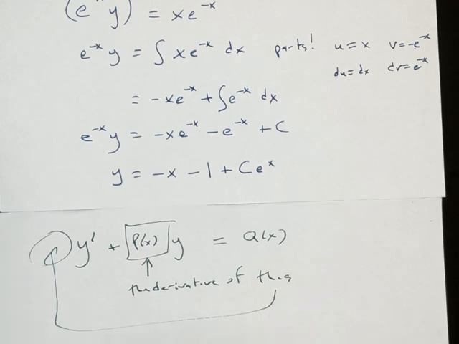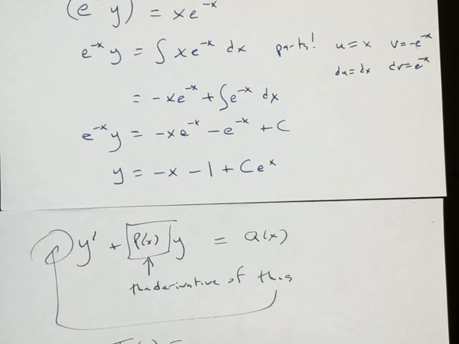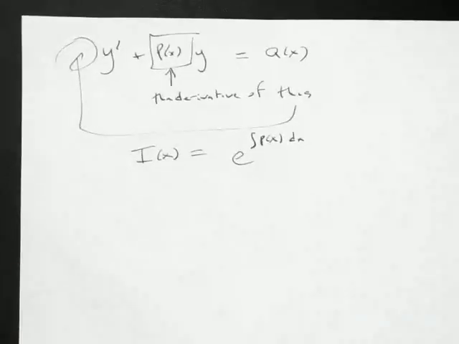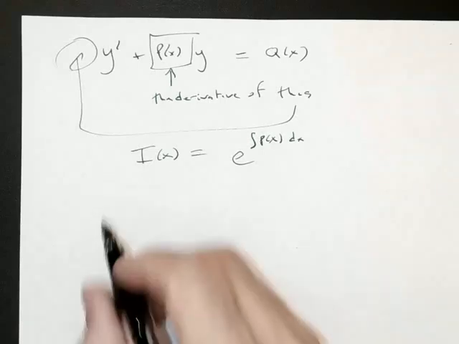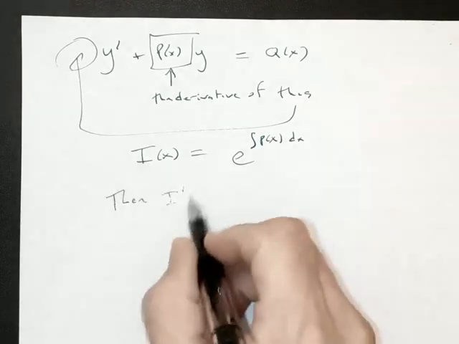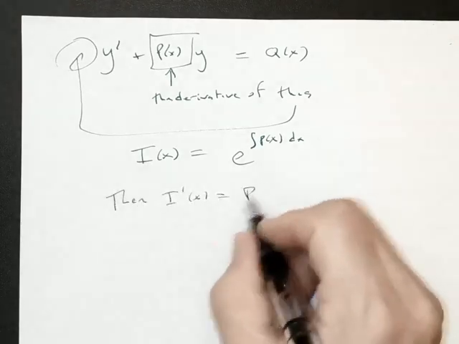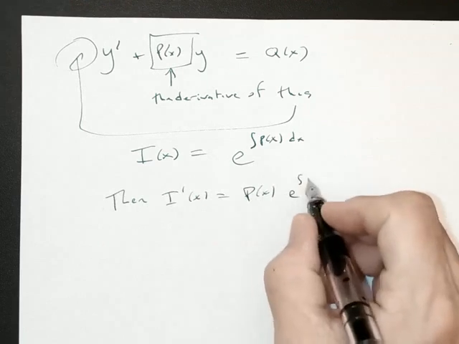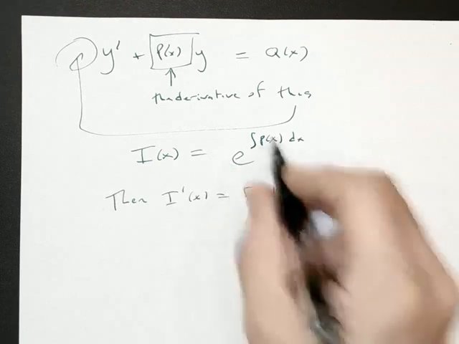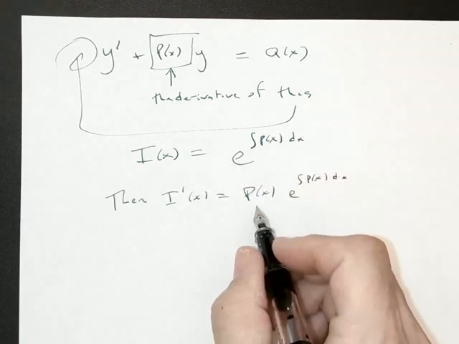So if I were to let my integrating factor be e to the integral of p of x, then when I take the derivative of it, I get e to the stuff plus the derivative of the stuff.